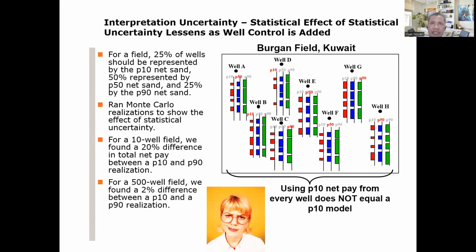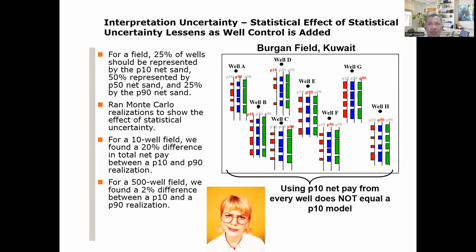Interpretation uncertainty refers to the level of uncertainty in determining the characteristics of the field, such as the distribution of net sand in a well, for example. It's explained that for the field, it's expected 25% of wells will have the lowest net sand, P10, 50% will have the median net sand, P50, and 25% will have the highest net sand, P90.